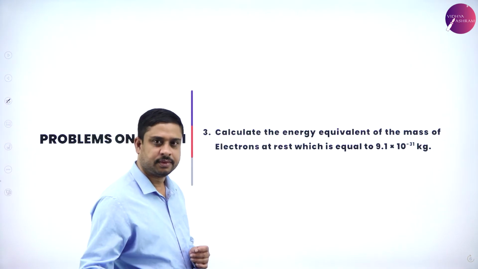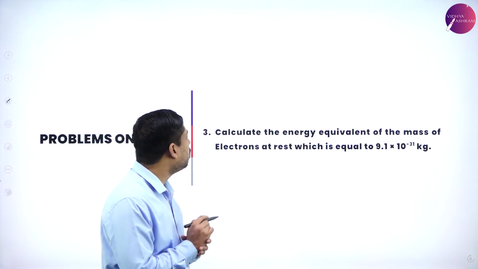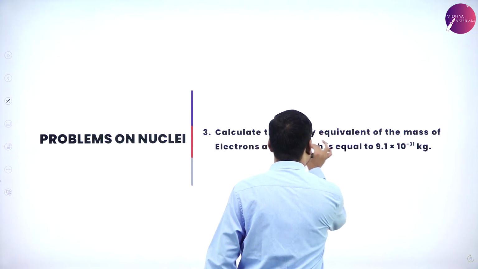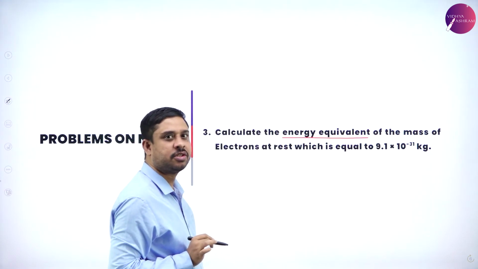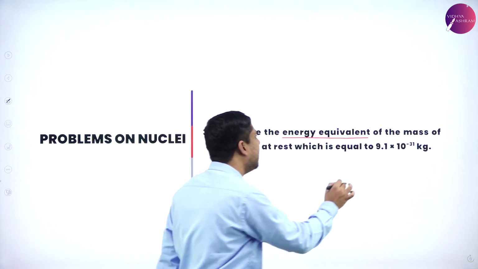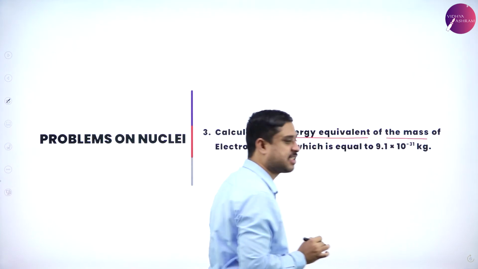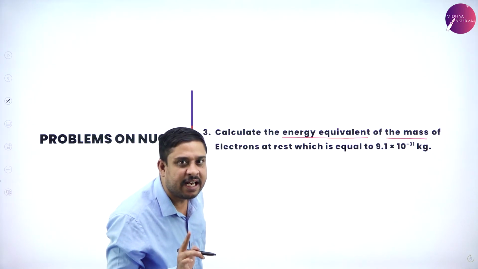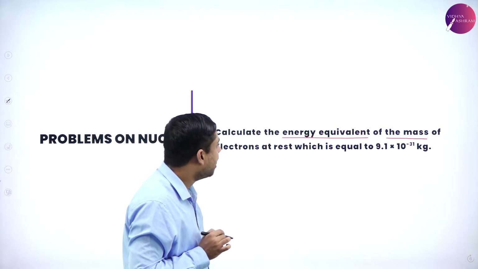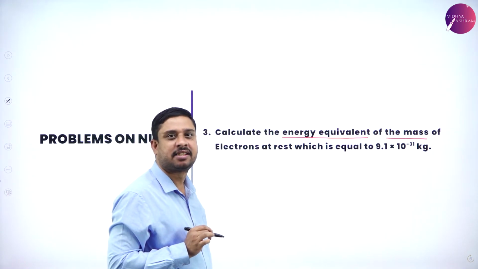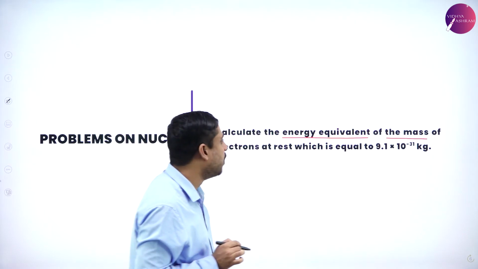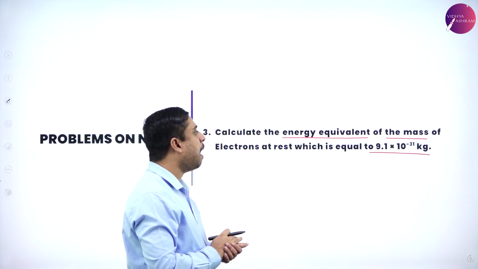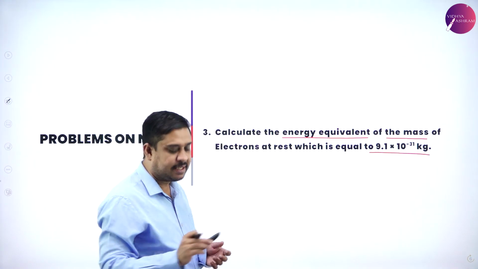Next one. Calculate the energy equivalent of mass. Energy equivalent of mass of the electrons at rest, which is equal to 9.1 into 10 power minus 31 kg.